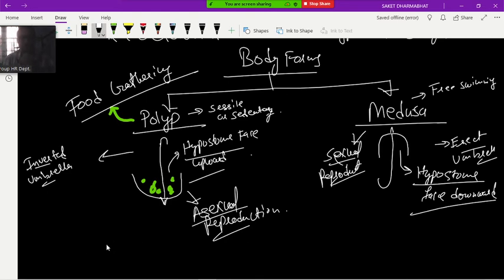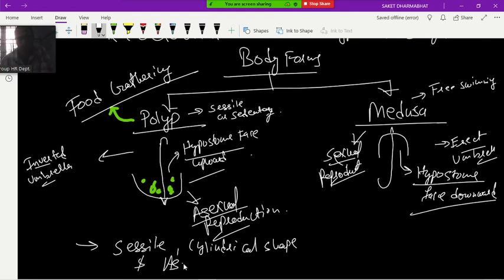So what will be the definition of polyp form? The polyp form is what? Sessile, or sedentary, cylindrical shape, and asexual reproduction.